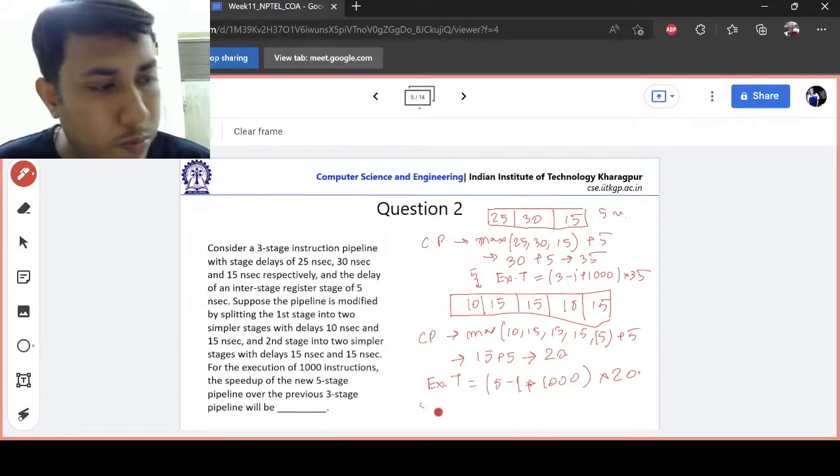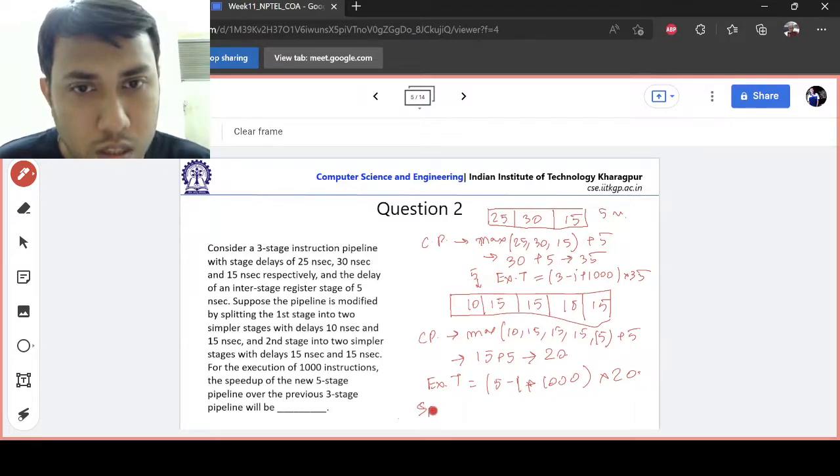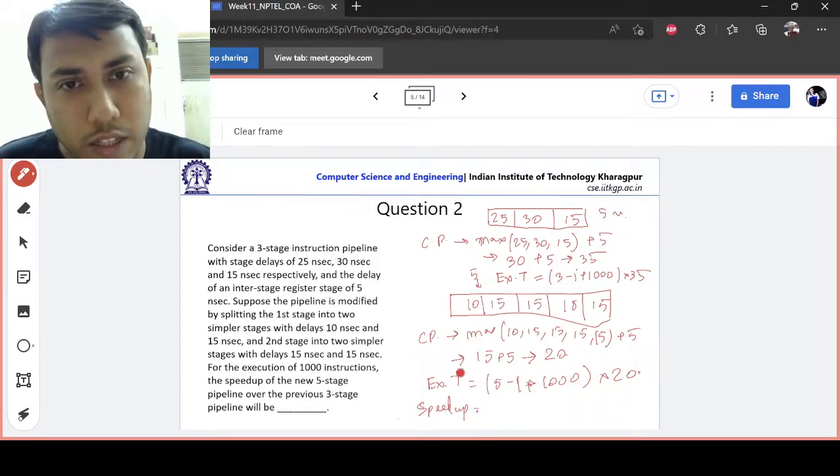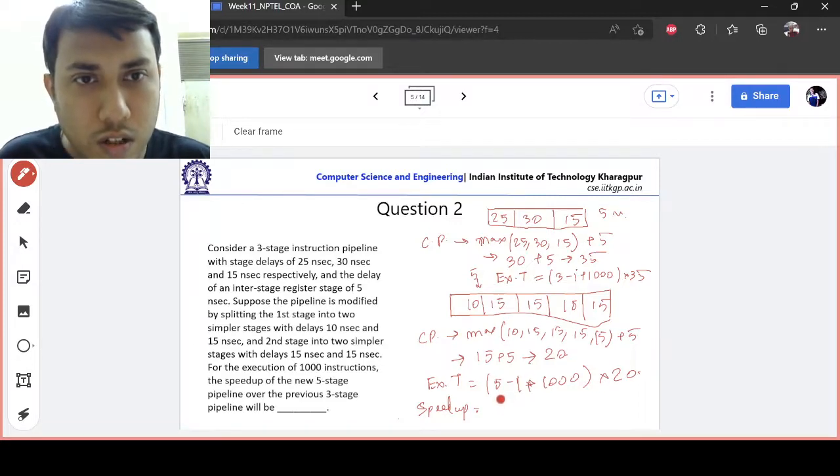So what will be the speed up? Speed up will be this divided by this, right? So if you look at this, it will be 1002 divided by 35 into 20, divided by 1004.